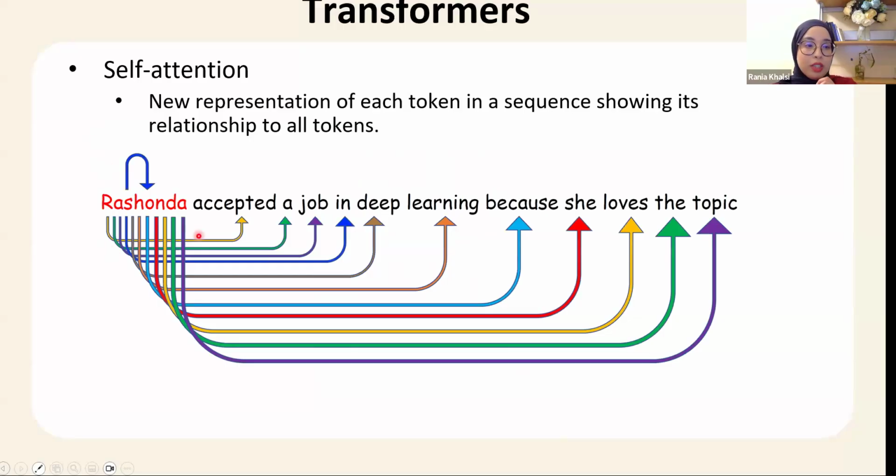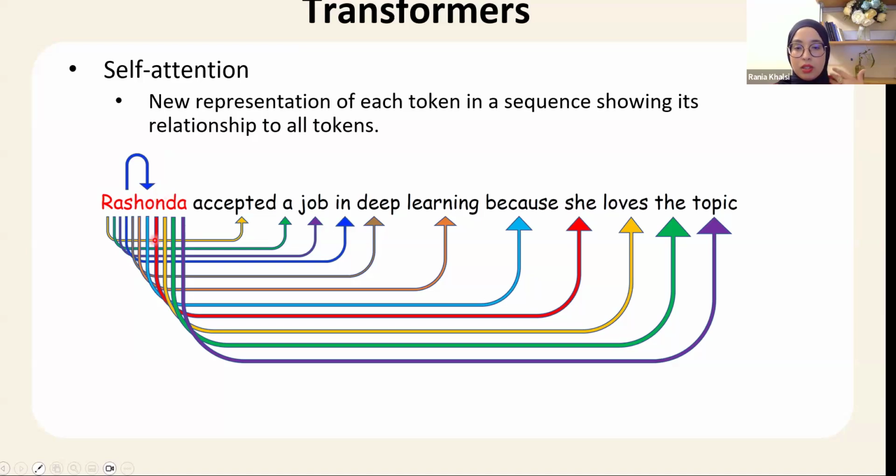So this is an example: "Rashanda accepted a job in deep learning because she loves the topic." If we start with the subject, which is Rashanda, we compute the self-attention of that token.